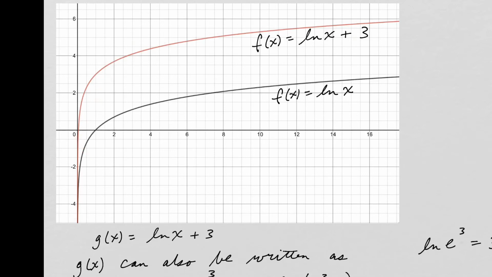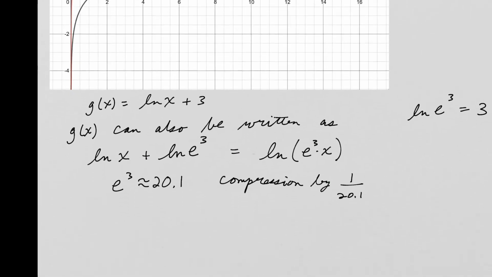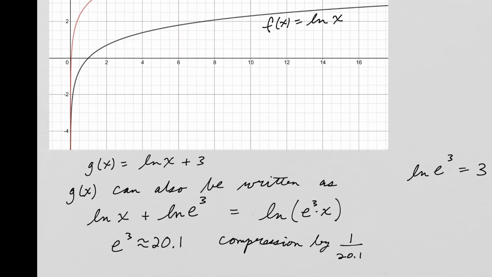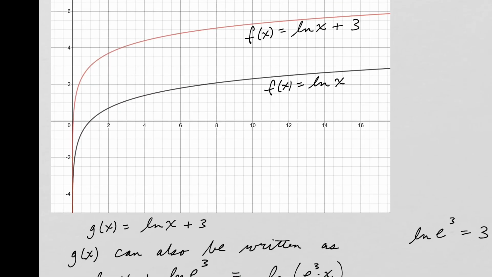Or if I write it in this different way, as natural log of e to the 3 times x, which is natural log of 20.1 times x, then you can also think of this equivalently as taking this original function and compressing it by a factor of 1 over 20.1. So if you compress this horizontally, you're going to get the same red curve. Okay, so really those two transformations are equivalent.